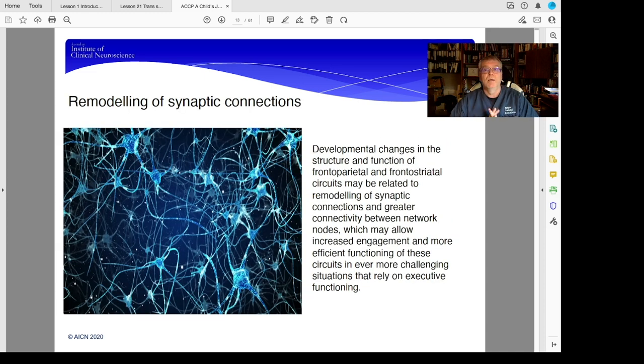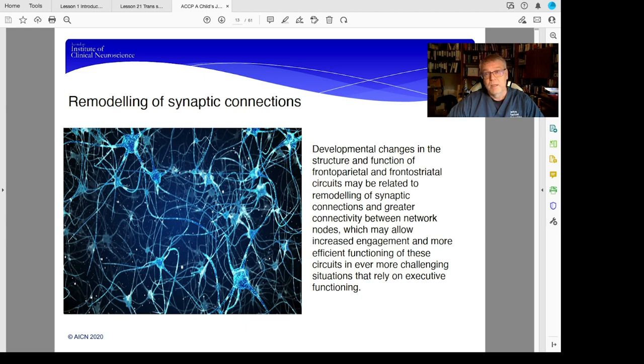Okay, so basically what happens with the synaptic connections during this time is a remodeling, and there is a greater connection established between network nodes which allow increasing engagement and more efficient functioning of these circuits. And that's how we're allowed to deal with the more challenging situations that rely on executive function.